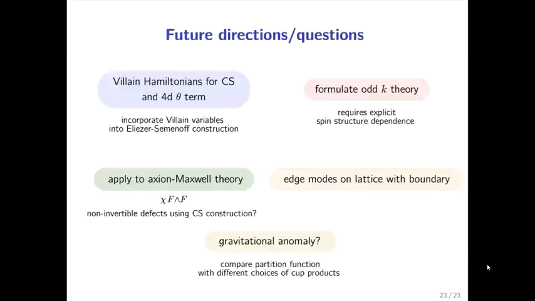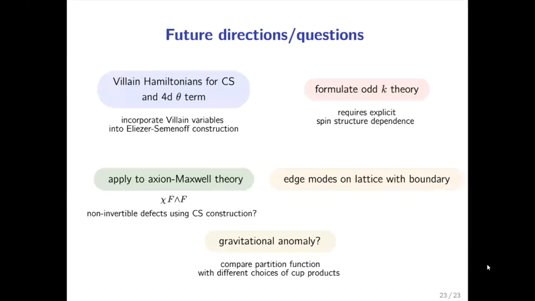Okay, so I think that we did some of the most basic things, constructing the action, verifying all the symmetries and things like this, but there are many worthwhile generalizations and applications. One is repeating this in a canonical approach. I mentioned this paper by Eliezer and Semenoff.